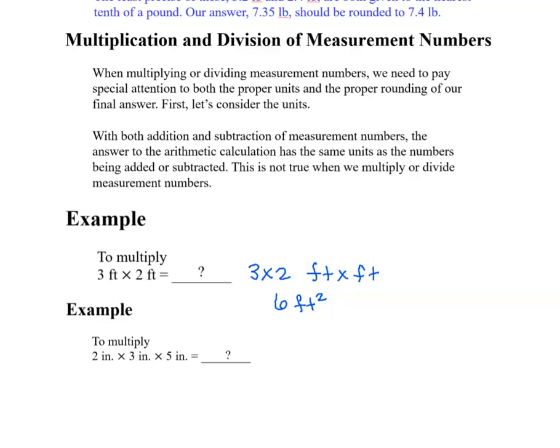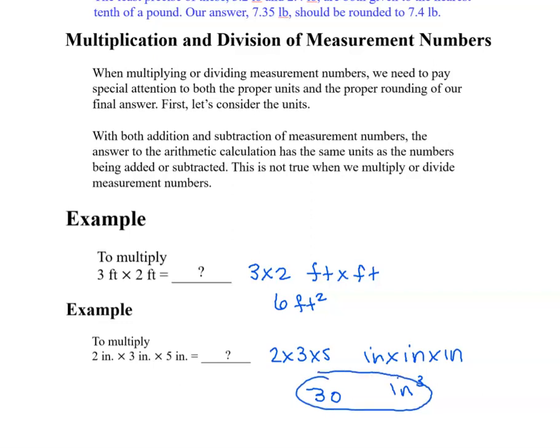Okay? When we do this one, we're going to say 2 times 3 times 5 with the numbers, but our units are inches times inches times inches, which is going to be inches cubed. 2 times 3 is 6 times 5, so we're going to get 30 inches cubed, and 6 feet squared.